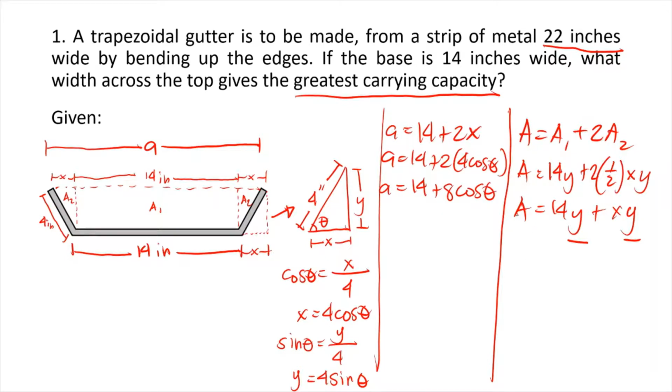And then for the total area, so we have here A equals 14y, where y is 4 sine theta, plus x, where x is 4 cosine theta, and then times y, where y is 4 sine theta.